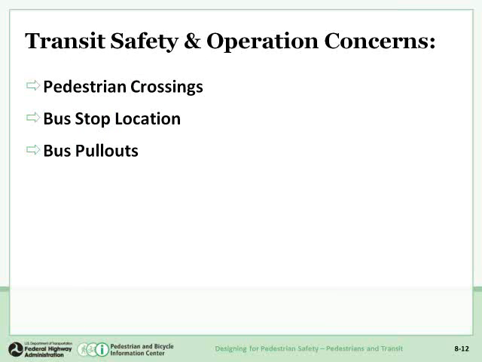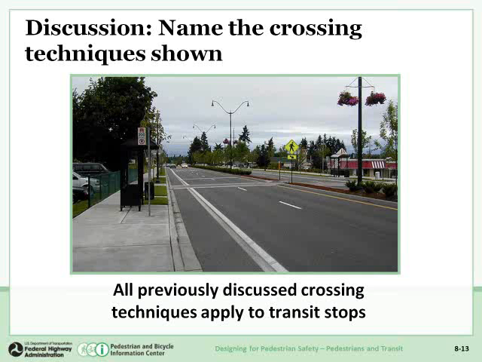So now we're going to discuss a few types of facilities: pedestrian crossings, bus stop locations, and bus pullouts. This is an overview of some of the things that we discussed in some of the other modules.